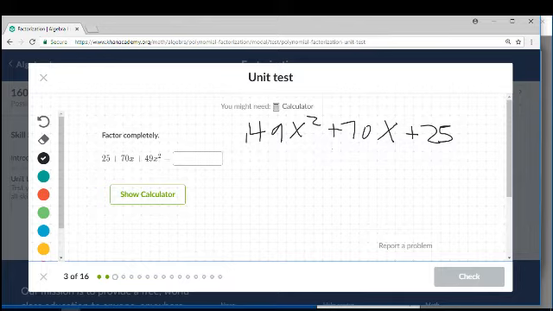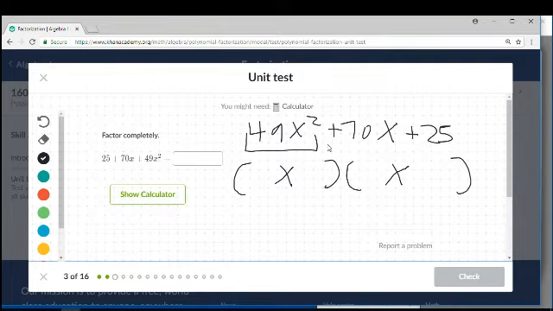We can look at this 49x squared and say what two things we can factor x squared as x and x, because x times x is x squared. So the square root of x squared is x. We also look at 49 and say you can break down 49. The only way to break it down is 7 and 7. And now we have to look at 25. Well, the only way to really multiply to 25, let's try 5 and 5.